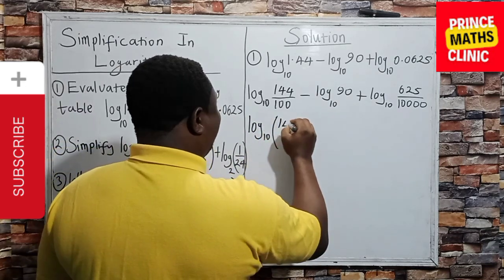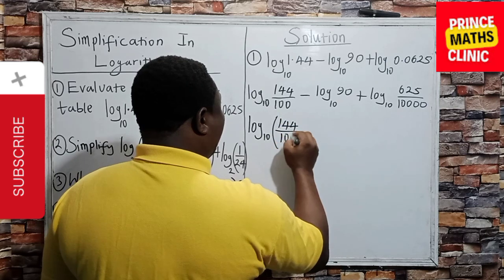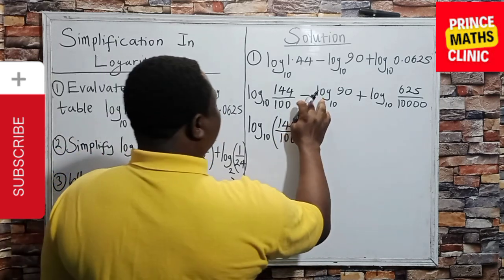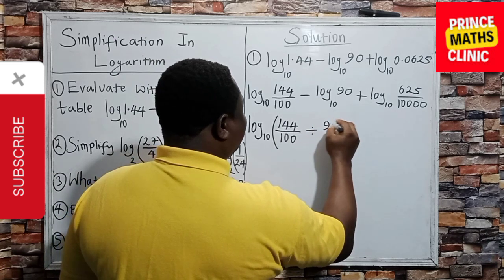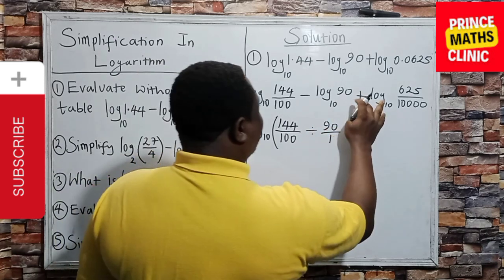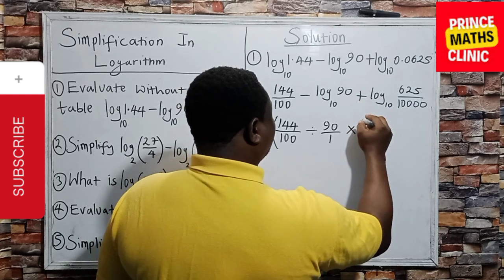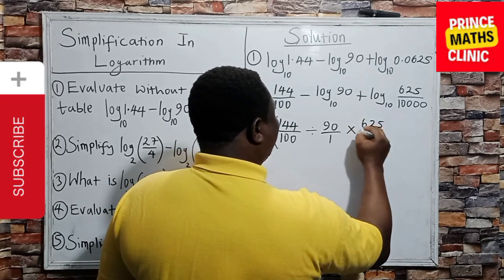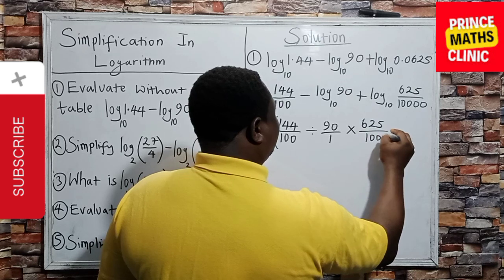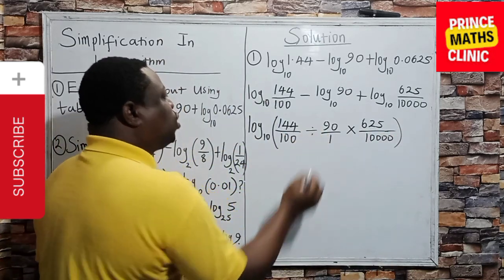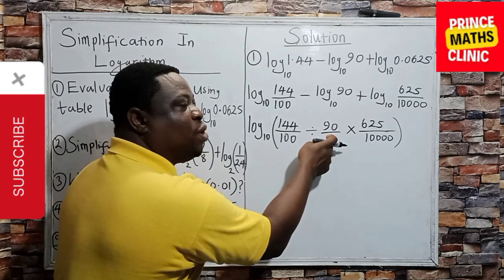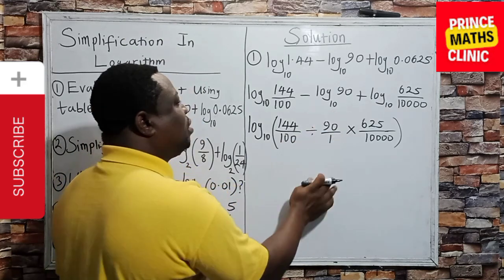So this becomes 144 over 100. This is division, so divided by 90 over 1. Then this is multiplication, 625 over 10,000. Once division turns to multiplication, what is in the denominator will go up, and what is in the numerator will come down.